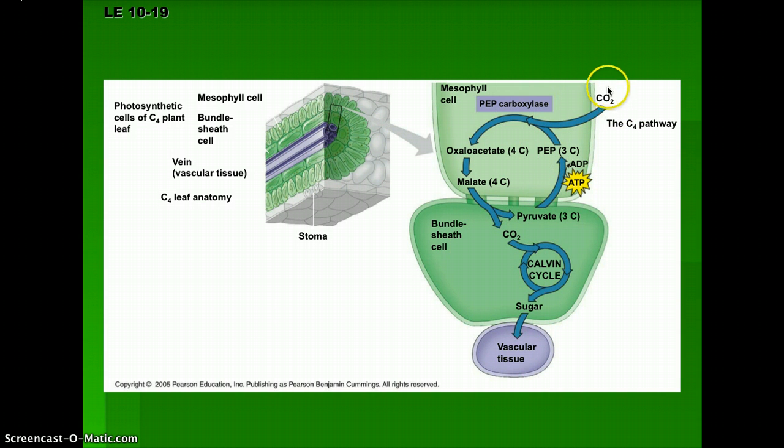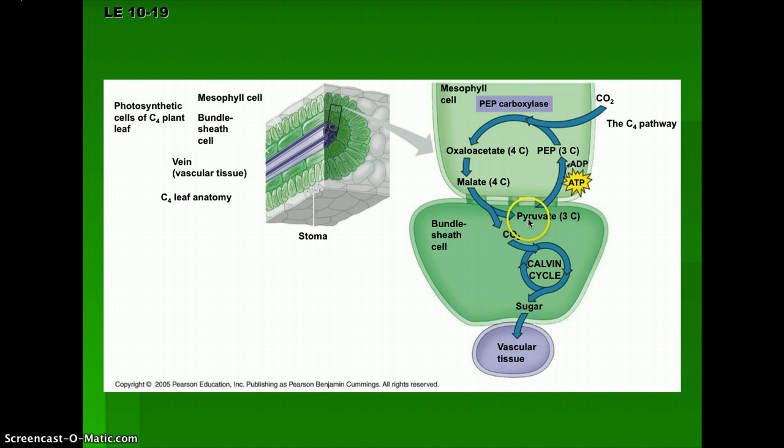So this carbon dioxide is coming into the mesophyll cells, and an enzyme called PEP carboxylase is going to carbon fix that to a 4-carbon compound called oxaloacetate. And you'll see this compound later. And then oxaloacetate is going to form malate, and then that's going to form pyruvate. Now we're down in the bundle sheath cells.